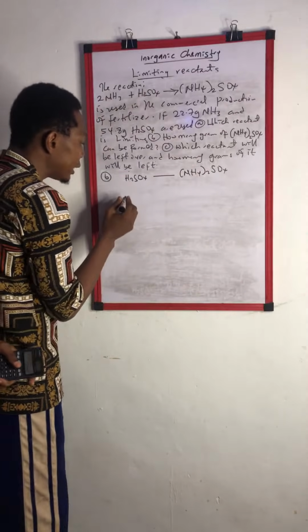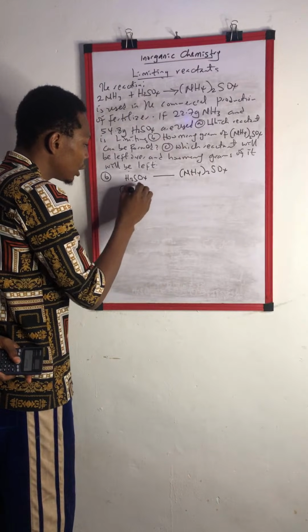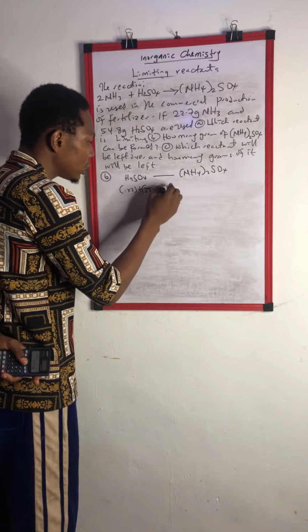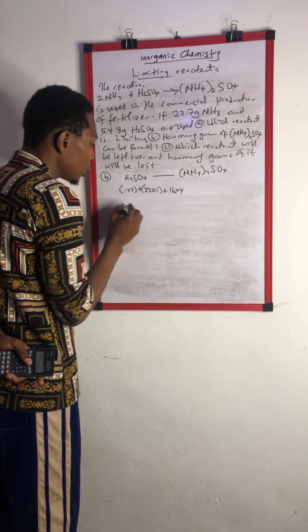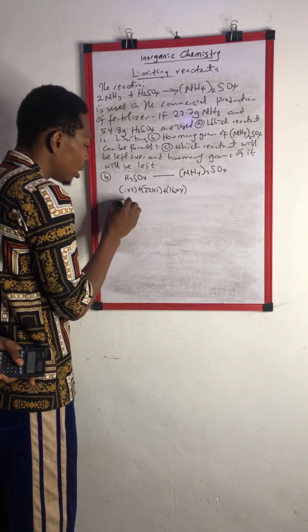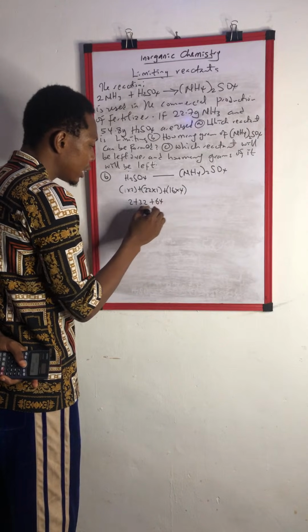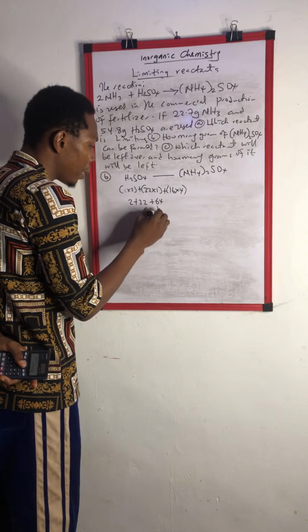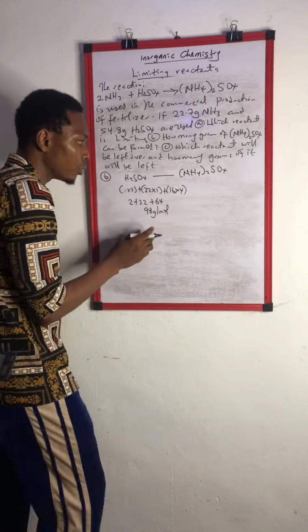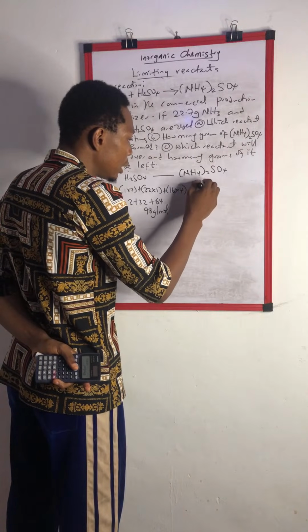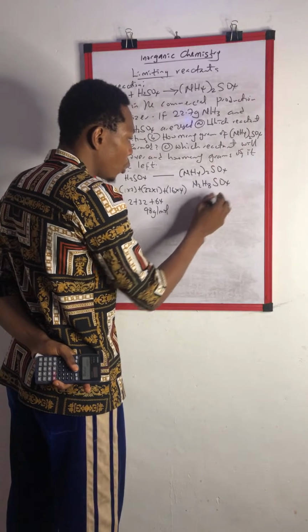Looking for the molar mass, this is taken as 1 times 2, then plus sulfur is 32 times 1, then plus oxygen is 16 times 4. So that gives us 2 plus 32 plus 64, that is 98 grams per mole. So let's look for that of this. This is taken as N2, H8, and SO4.